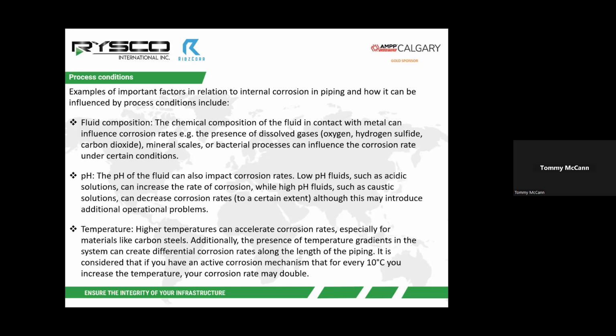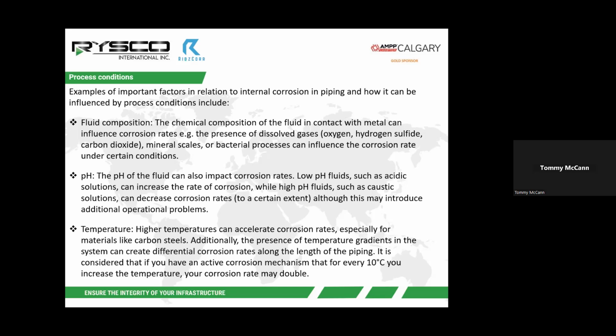Some common examples would be the presence of some fairly common dissolved gases within a hydrocarbon system. Oxygen, no one really usually wants to see that. You have hydrogen sulfide when you have sour production, and also carbon dioxide. Also the possibility for scales or bacteria. These can also influence under certain conditions.